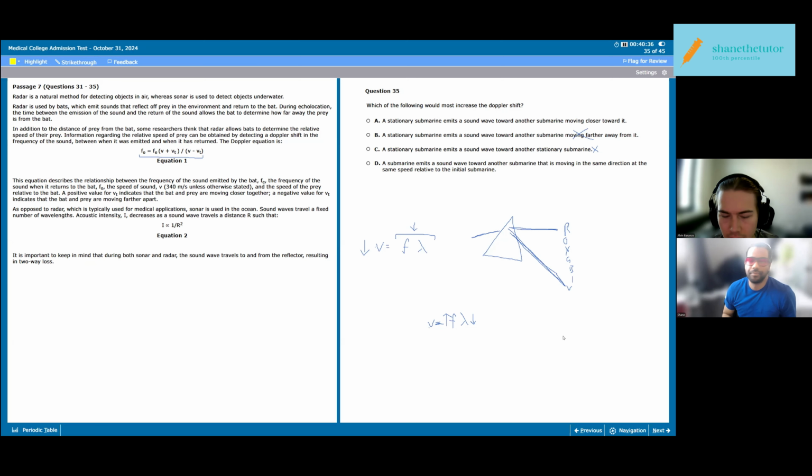They're just moving in the same direction. So neither's going closer to the other. They might both be moving, but in the same direction at the same speed, so it's indistinguishable from if they were just stationary.